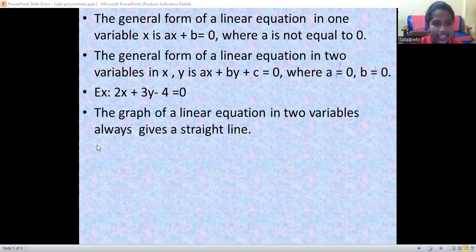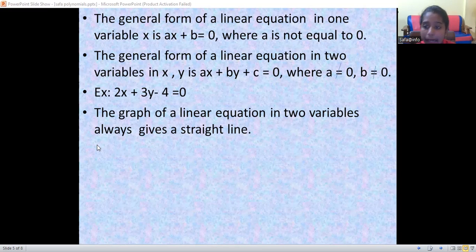Before, it had one variable x; now if it has two variables, x and y are the variables. a can be 2, 5, 6, anything; we don't know the value.